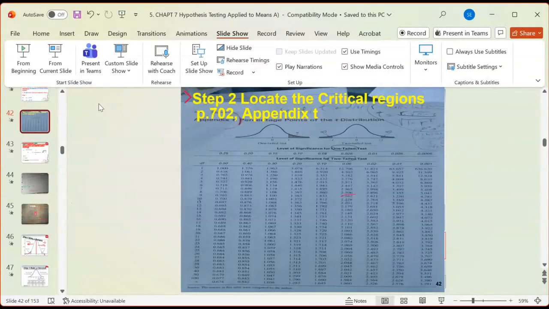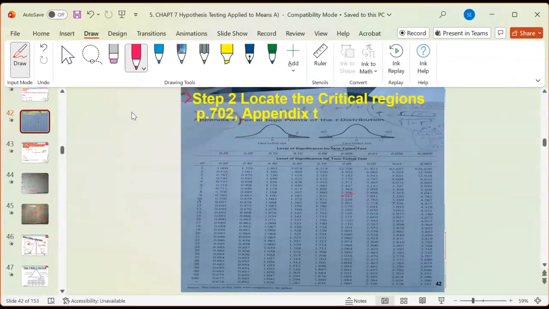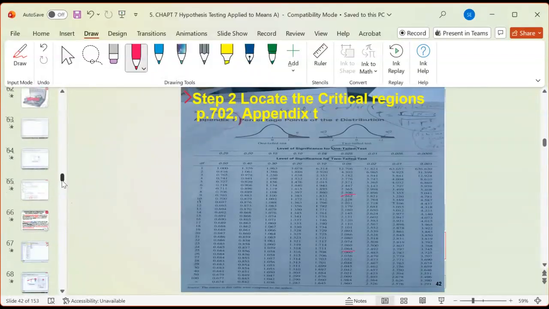2.064 right there. So 2.064. Let's go back to it.